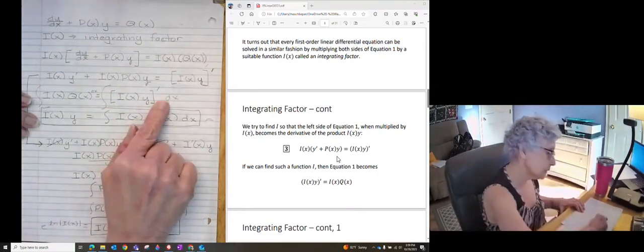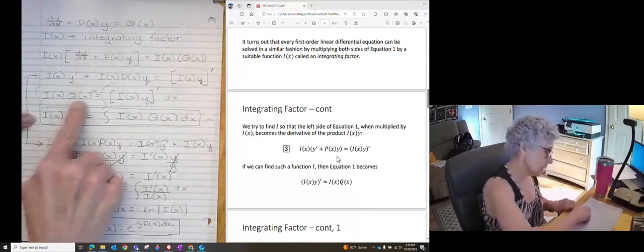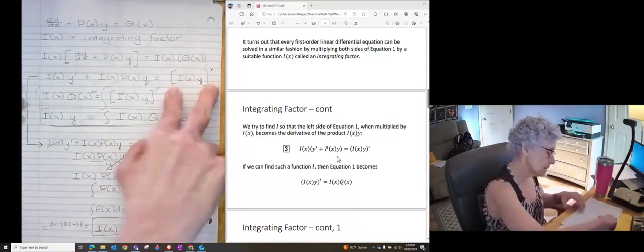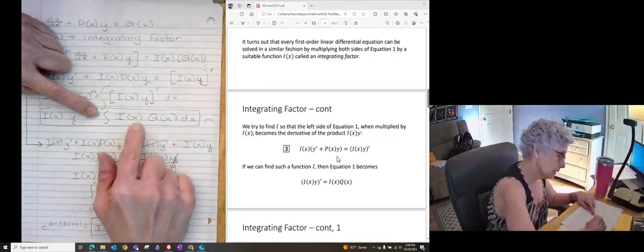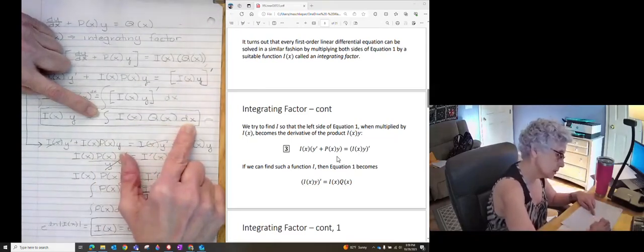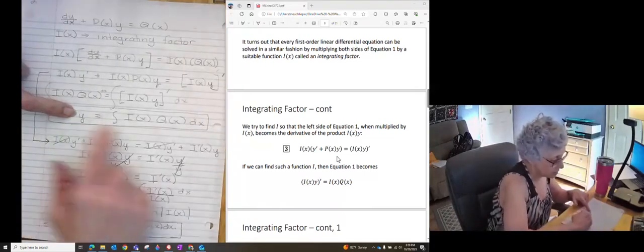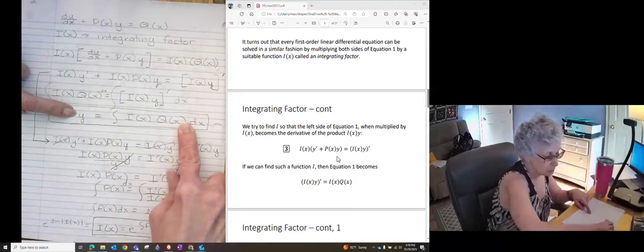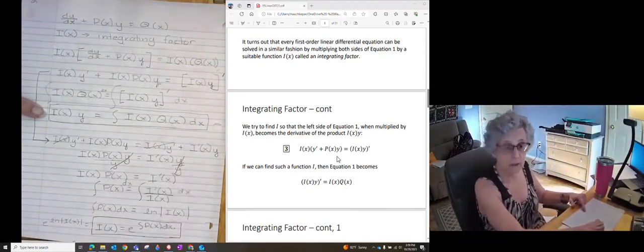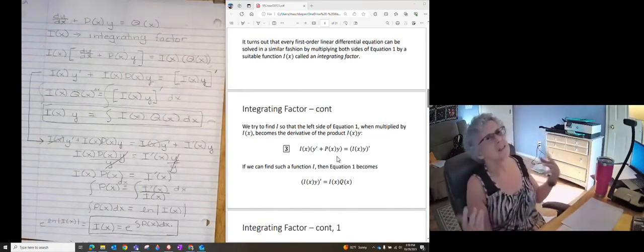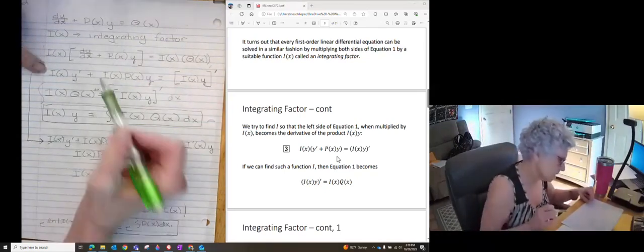Well, if I can figure this out, then it'll be really easy, because the integral of this derivative would just be equal to the integral of I times q dx. So I'll end up with y is equal to the integral of Iq over the integrating factor. Let's see if we can figure out what the heck this magical integrating factor needs to be.